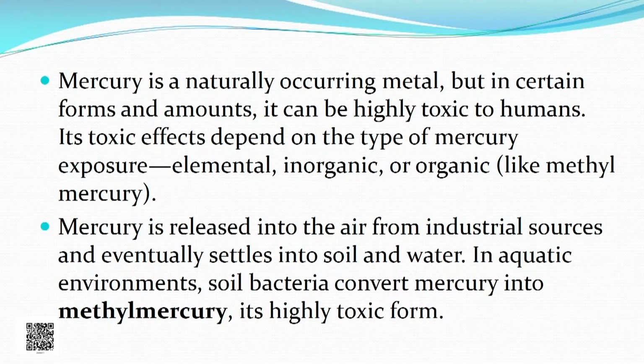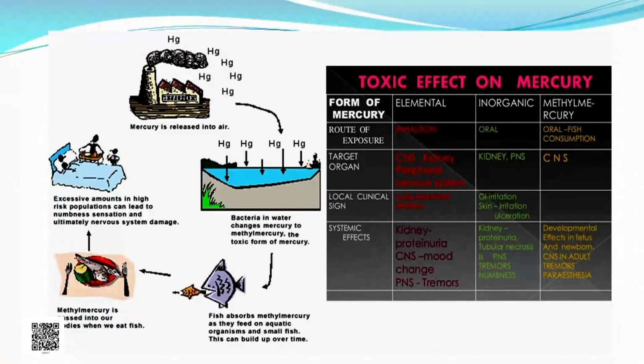In the aquatic environment, soil bacteria convert mercury to methylmercury, a very highly toxic form. In aquatic systems, small fish and small organisms absorb methylmercury, leading to gradual accumulation in their bodies over time.